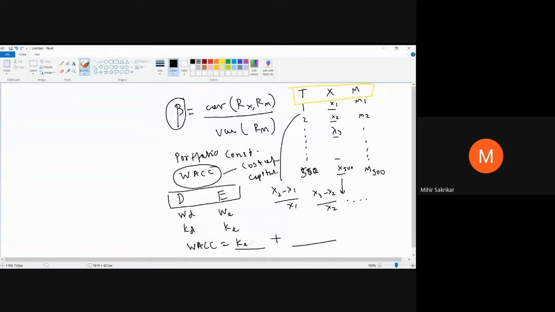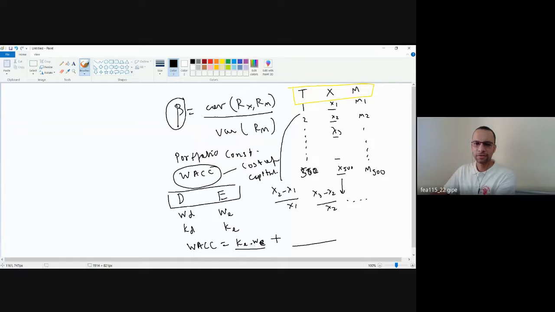So in this case, it will be KE plus the weight of equity divided by the combined weight. Correct, and the weight is already given to us, so we are taking it as WE. So can I say it's KE into WE, which is my equity part? Yes, sir. And for the debt portion, can I write it as KD into WD? Yes, sir.